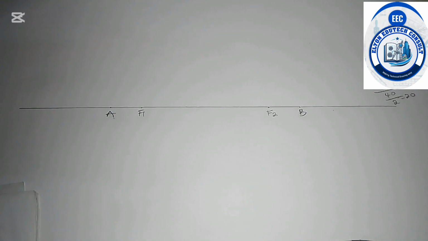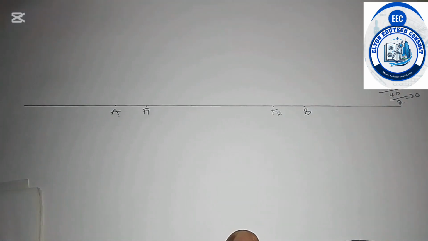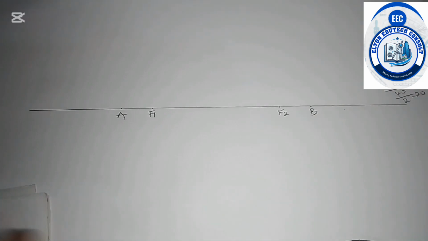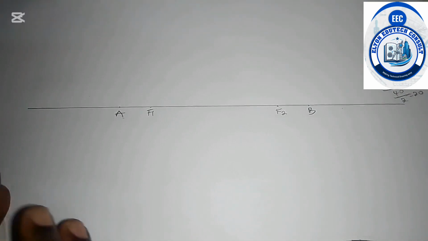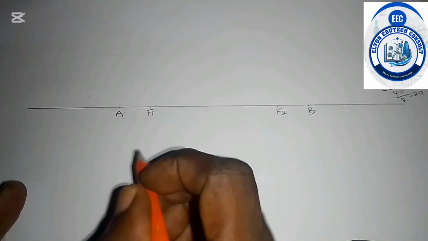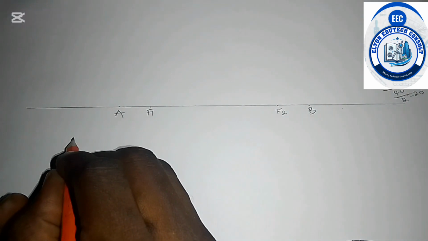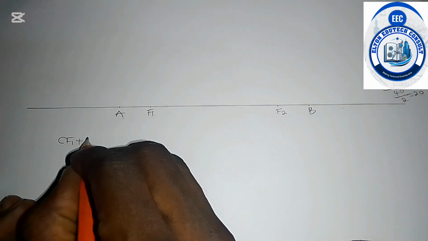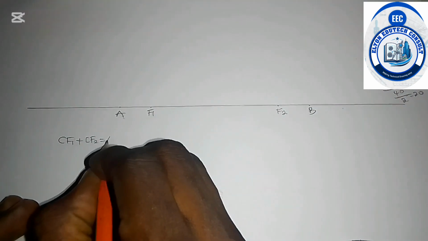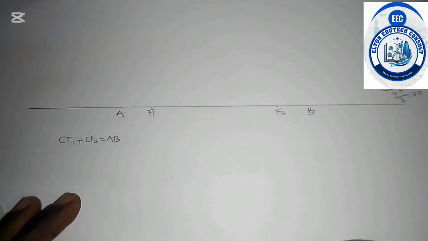I'm going to show how we are going to produce the minor axis. Don't forget that for the ellipse to be drawn using the foci point method, it must meet a requirement: CF1 plus CF2 must be equal to the major axis.